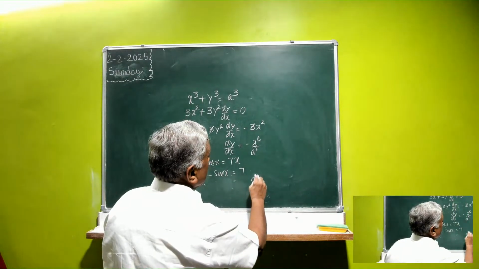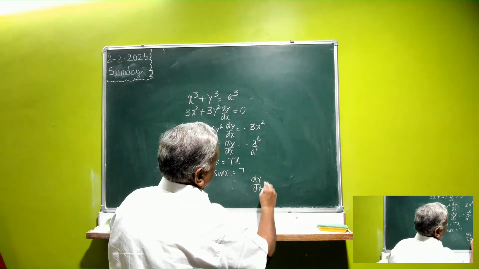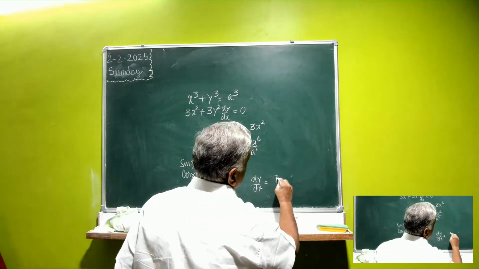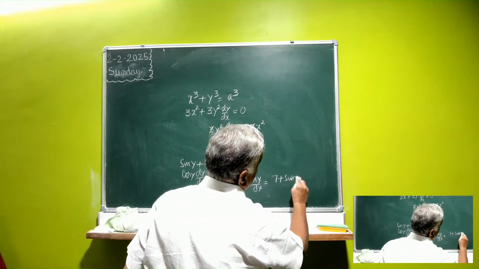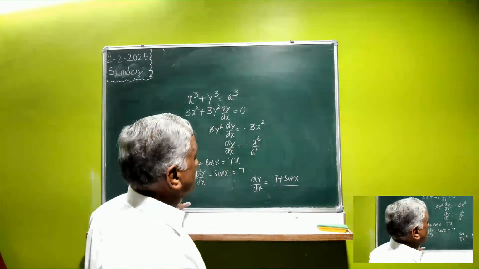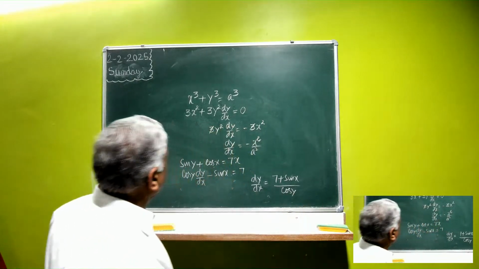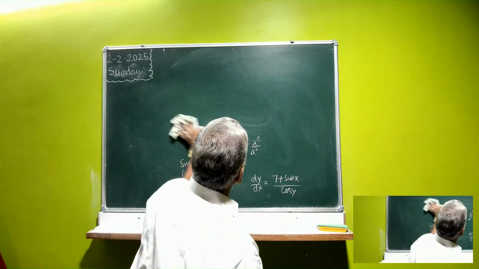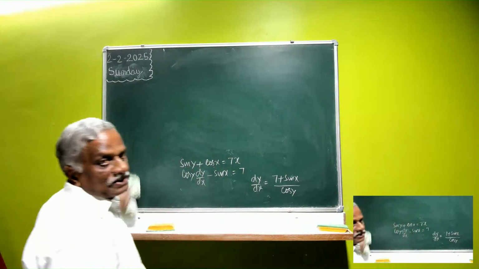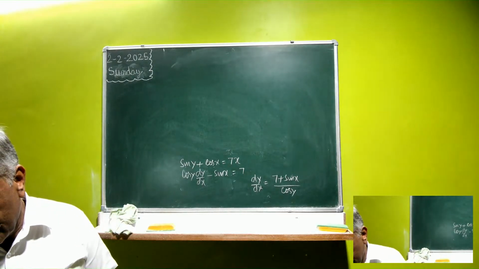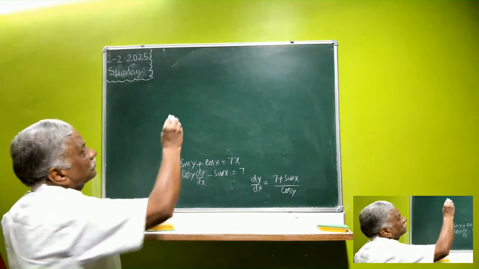You have to find dy by dx. It is 7 plus sin x divided by cos y. After differentiation, you have to simplify and write the answer for dy by dx. Let's go to the next problem.